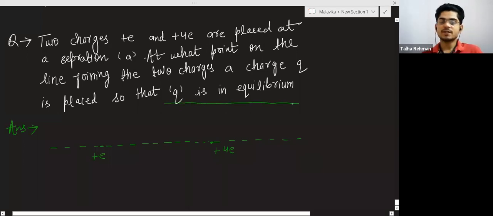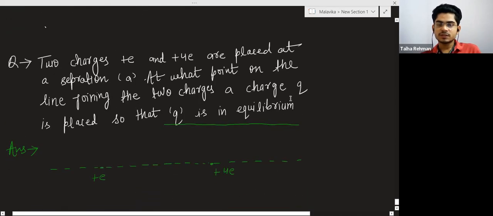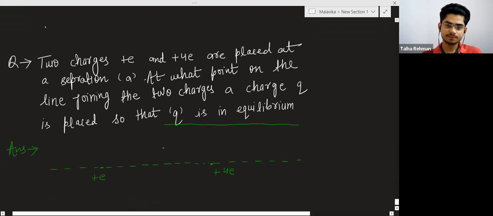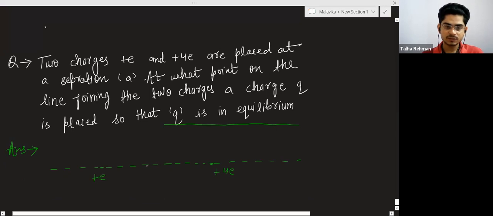We have discussed that equilibrium means the net force on the charge Q is 0. So suppose I am putting the charge here, and this is the separation given, A. Now I am putting a charge here.